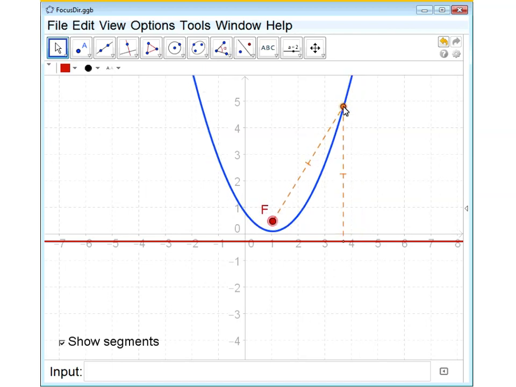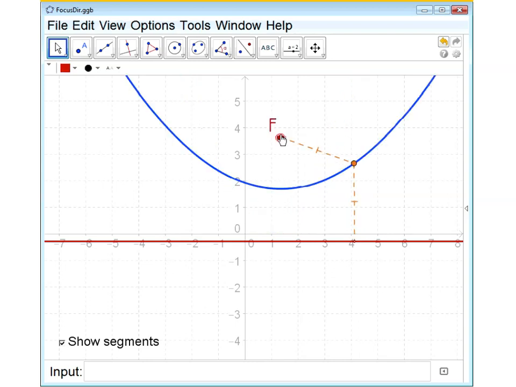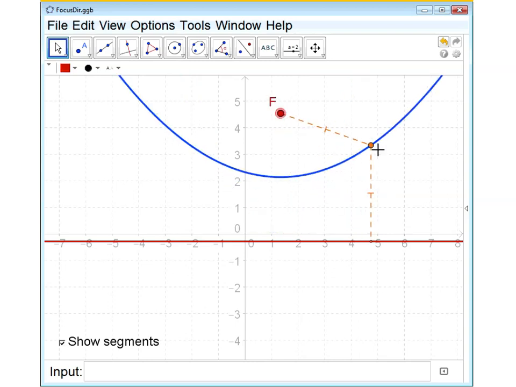If I now were to make it a wide parabola, actually let me get my point in first before I do that. If I make it a wide parabola, and that equally distant property still remains regardless of where I move this point, now the parabola changes shape because it's maintaining these equal distances.